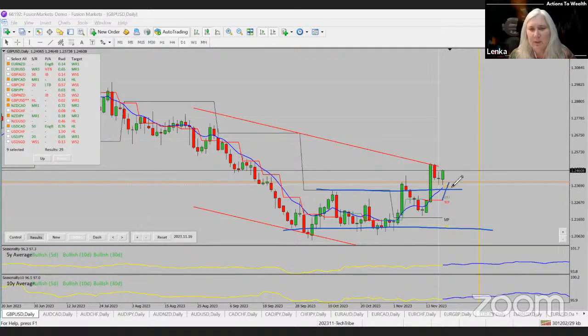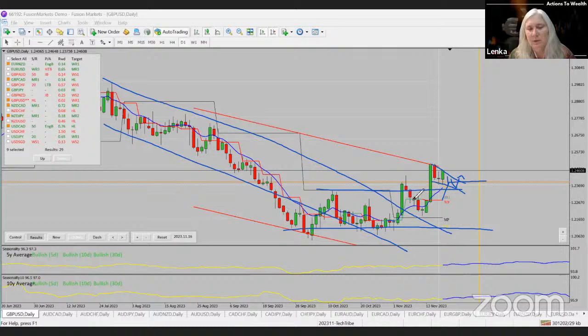Weekly pivot will be higher, so weekly pivot will be here. So looking for any sort of pullback in this area and then a bounce above. The channel down here has already been broken, so looking for long opportunities on this.